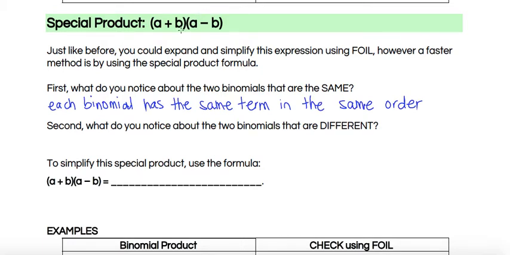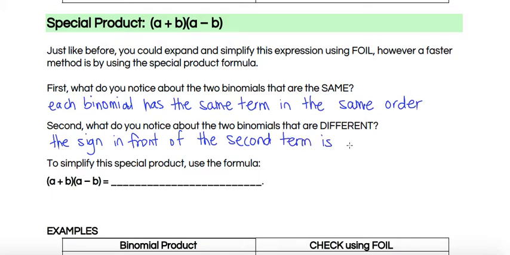And what do you notice that's different? Well, the sign in front of the second term is different. So one's an addition sign and one's a subtraction sign. So to simplify this special product, you can use the formula a squared minus b squared.